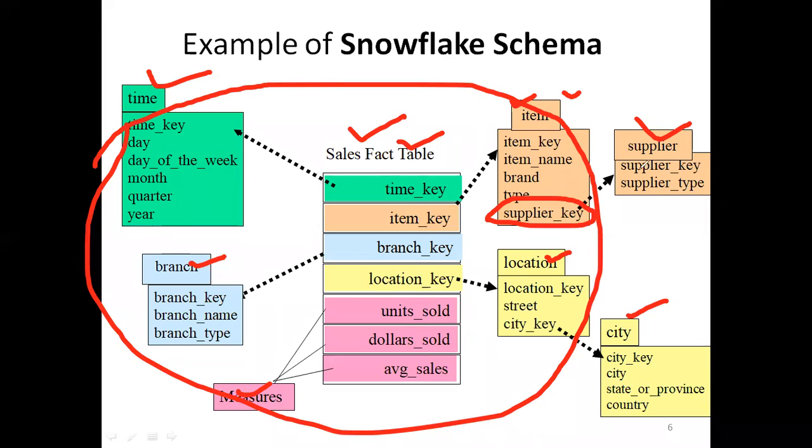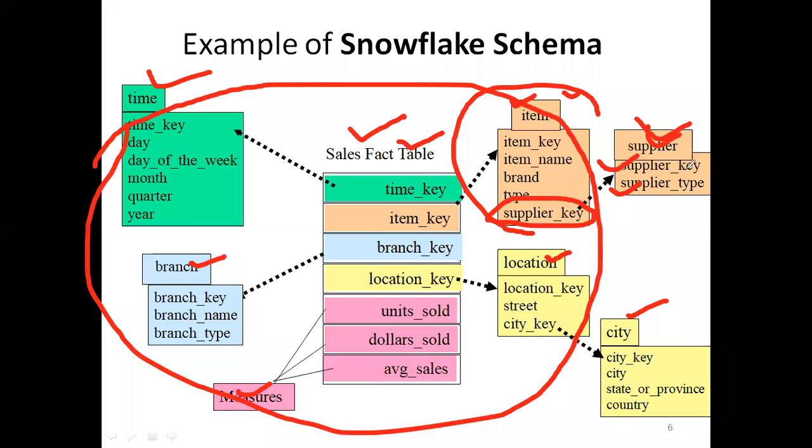And in the supplier table, we'll have supplier key and supplier type. So from the item table, we have one more table being referenced by it, that is the supplier table.